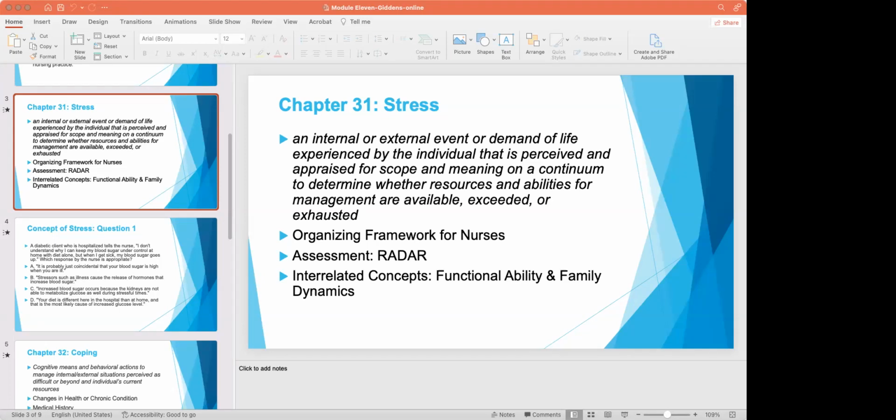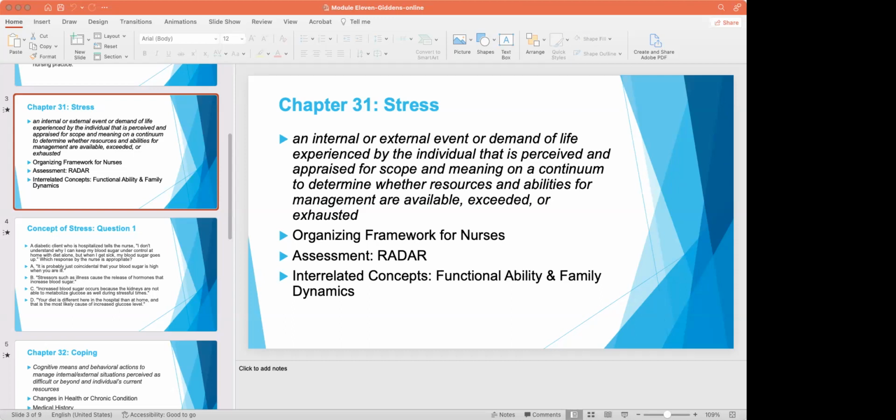So this tool was researched, and they're finding that this tool might be easier than the tool used in the previous discussion, which was in module 3, the CAM tool. And CAM stands for Confusion Assessment Method, which the survey takes about 10 to 15 minutes to complete.